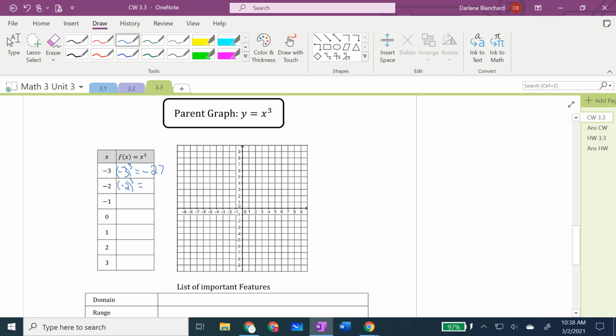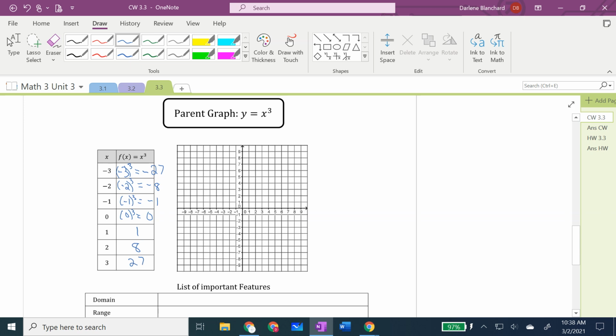And then when we pop -2 in there, -2 to the third power is -2 times -2 times -2, and we get negative... You guys have this one. You got it. There we go, -8. -1 cubed, -1. 0 cubed, 0. 1 cubed, 2 cubed, and 3 cubed.